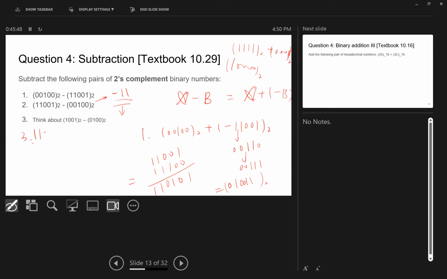So first we will negate this number, right? The negation of this number should be 1011 plus 1, right? 1011 plus 1 should be 1100, right? And in this case, what do we get?